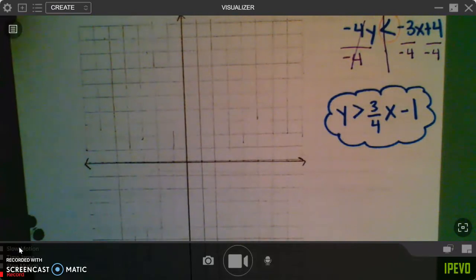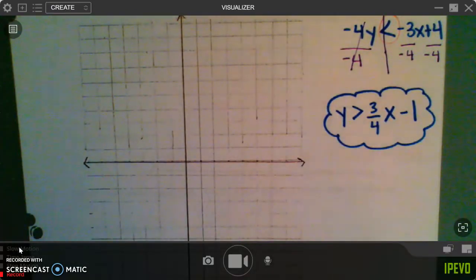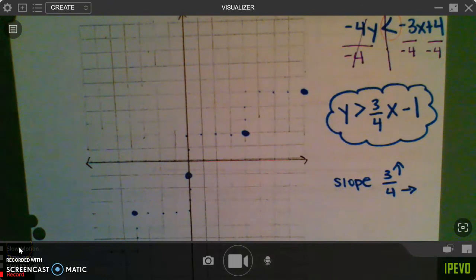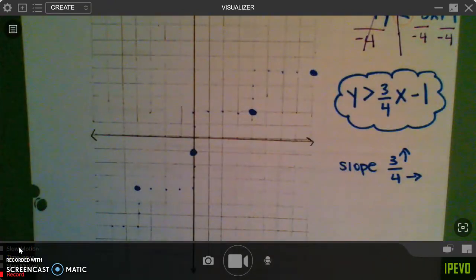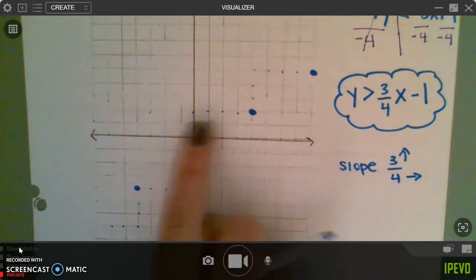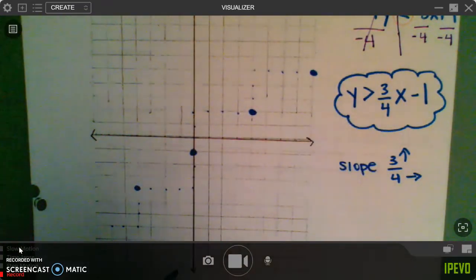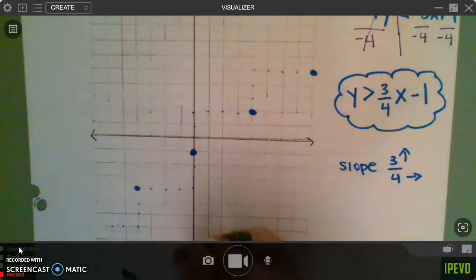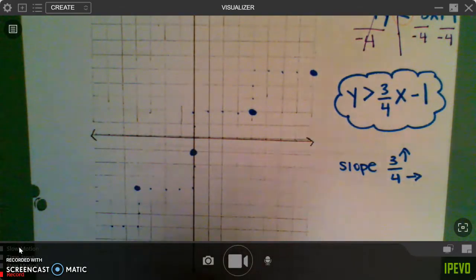So go ahead, pause this video, and plot your points. Don't connect your dots or anything yet, just plot the points. So your points should look like mine. I started at -1, and I went up 3 and to the right 4. So those are the dots that my line is going to connect with.